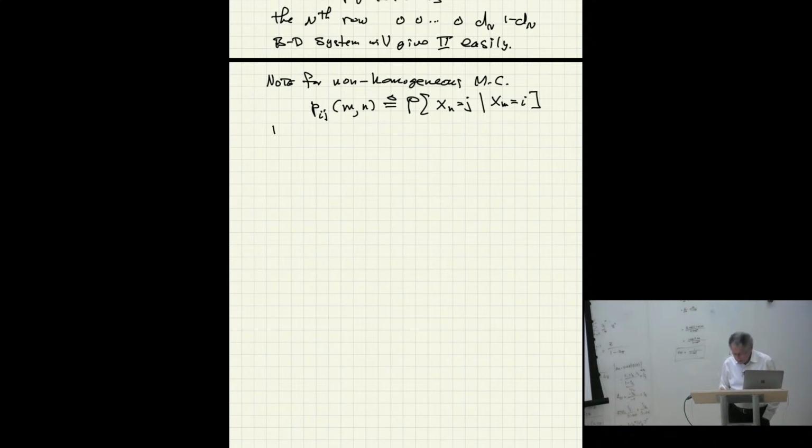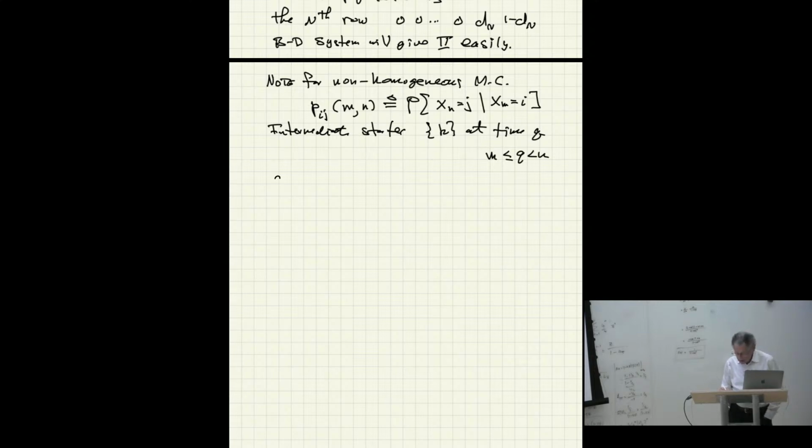And the intermediate states will be the states k at some time q, just like before, where now m is less than or equal to q, which is less than n.